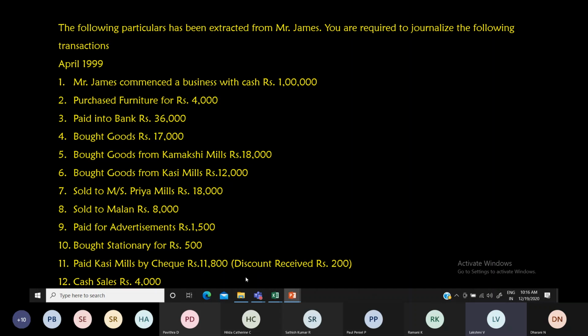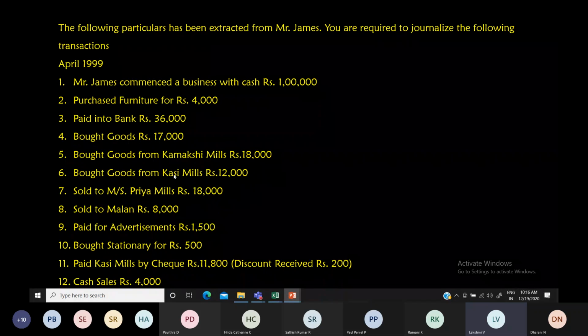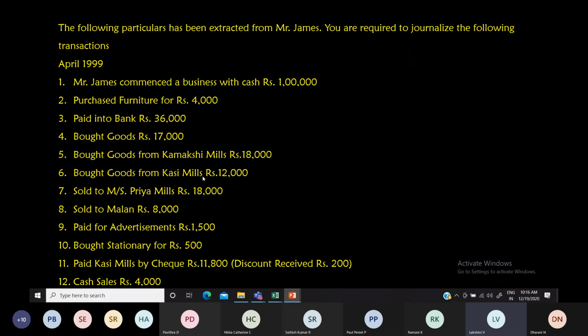If you see here, they had a transaction with Kasi Mills on 6th. On 6th they bought on credit basis. Since no cash is mentioned here, it is considered a credit purchase, for 12,000. Now the same Kasi Mills, they are paying by check. This word is also a very, very important thing.